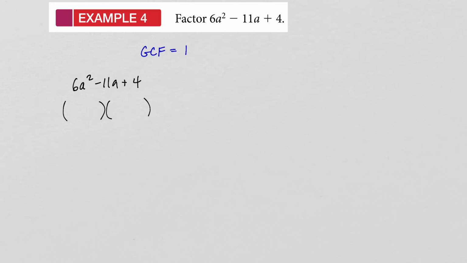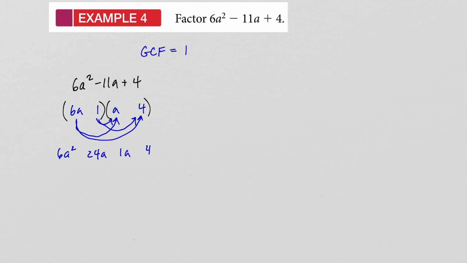So for example, I could try 6a multiplied by 1a, and then 4 could be 1 times 4, let's say. Now, the signs here, we'll leave the signs blank for a minute, but notice that if I multiply 6a times a, I do get 6a squared. 6a times 4 is 24a, and then 1 times a is 1a, and finally 1 times 4 is 4.